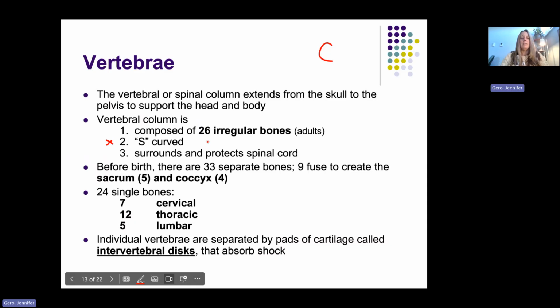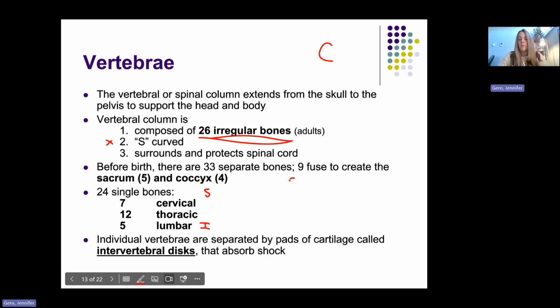There are 26 irregular bones here. So 7 plus 12 plus 5 gives you 24. Going from superior to inferior, we have cervical vertebrae, thoracic vertebrae, and lumbar vertebrae. Inferior to that, we have the sacrum, which is considered one bone, and the coccyx, which is considered one bone.